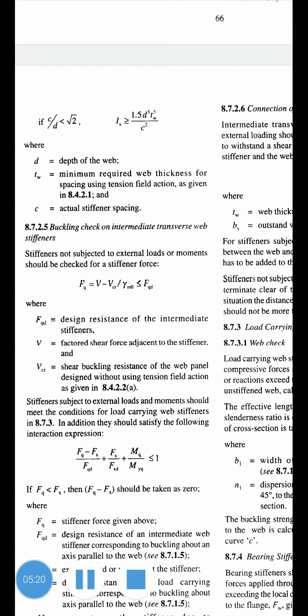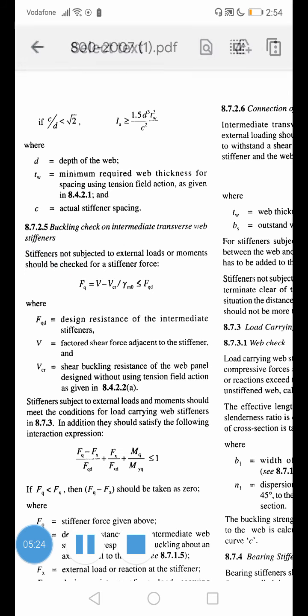So what is FQ? FQ is the strength of the stiffener in buckling. So FQ should be less than or equal to FQD. FQD is the design resistance of the intermediate stiffener, which is actually obtained by multiplying area with FCD. So FQ is a term that determines the buckling strength of a stiffener.